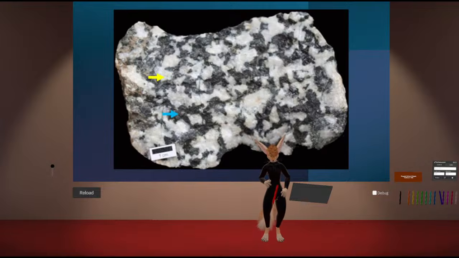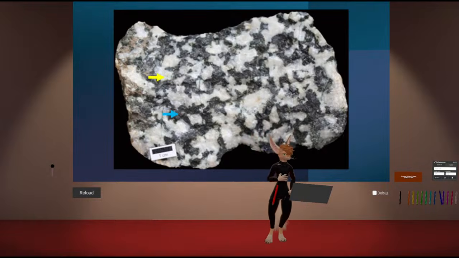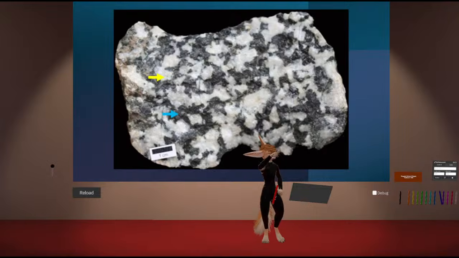Let's try this one. Oh, big crystal. I'll give you a hint. Someone said it before. Diorite. Someone said diorite. Let's go, I studied.